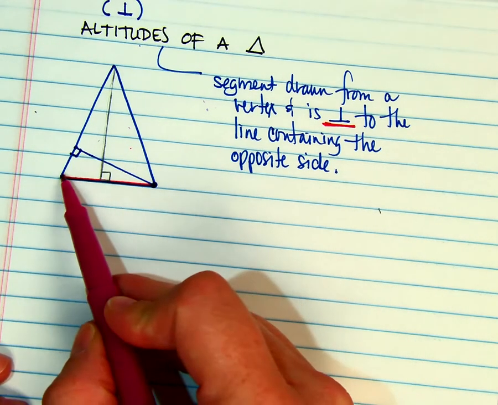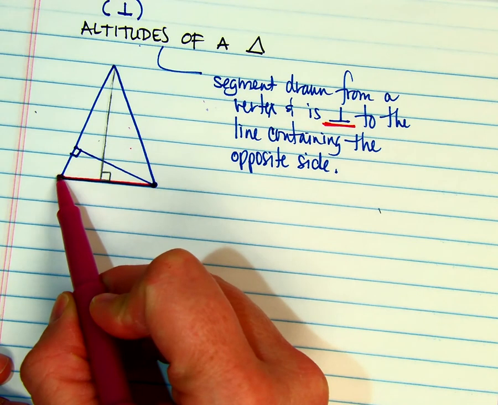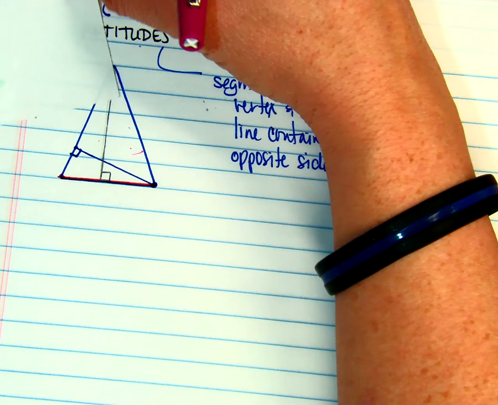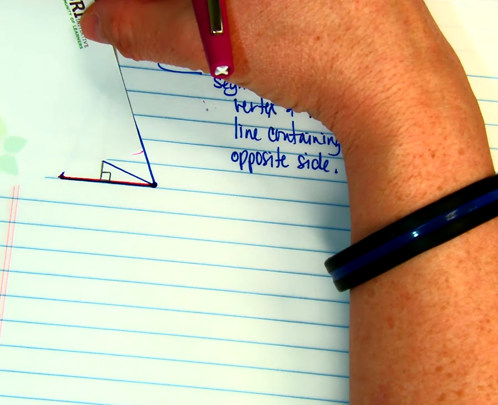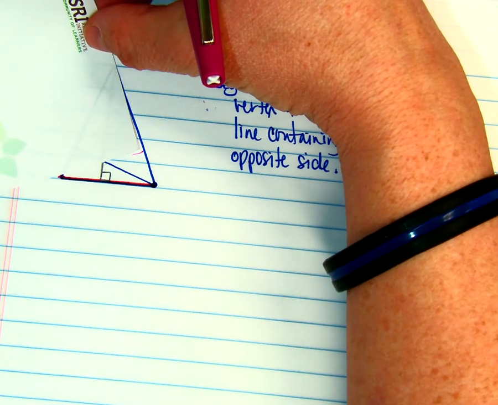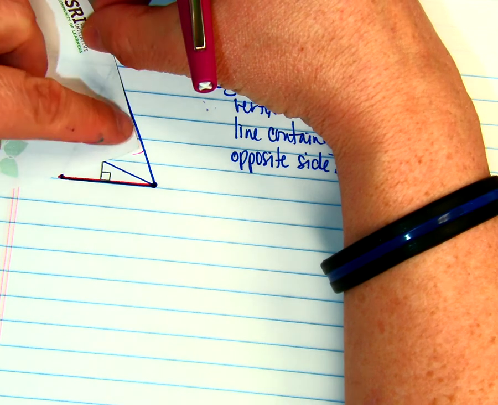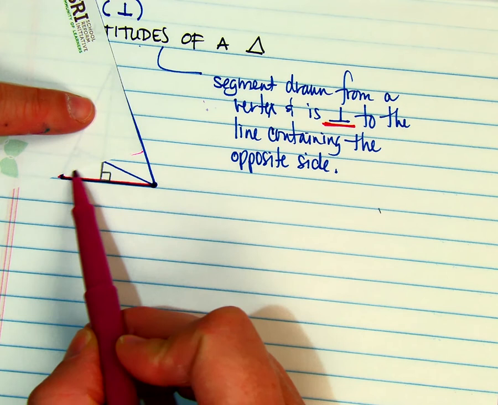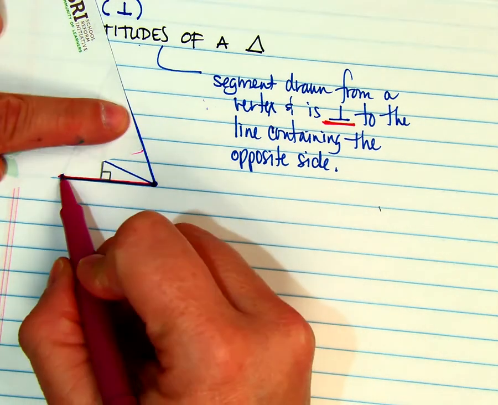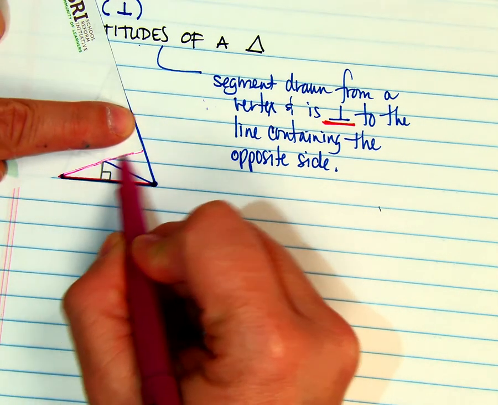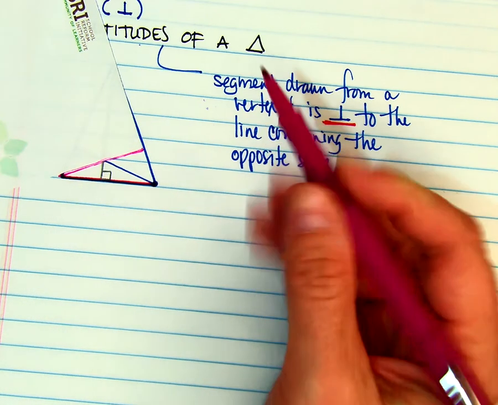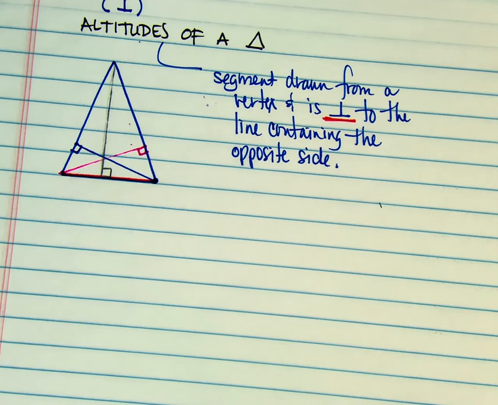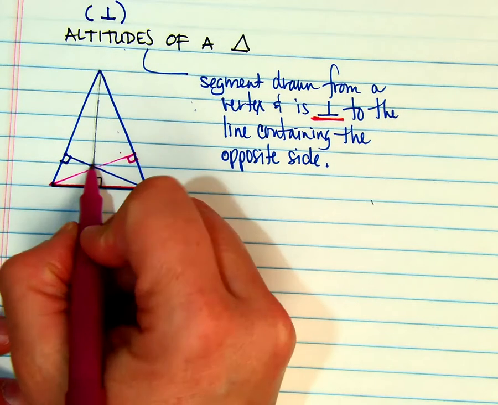So I have to go from this vertex now and go perpendicular to this opposite side. Again, I'm going to cheat a little bit by using a sticky note with a corner on it. Okay, so if I walk from here to here, I'm going to be walking perpendicular to this other side. And we can communicate with each other that it's perpendicular by putting that right angle indicator.